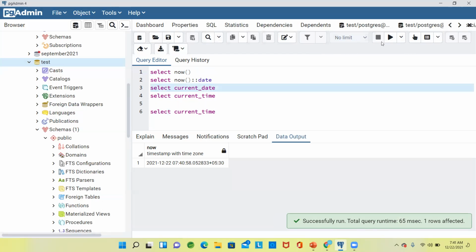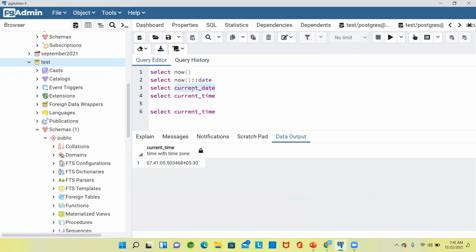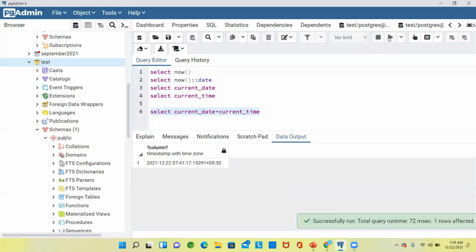Current now, date, time. What did you understand? If I do current date plus current time, it is nothing but now. So now means current date and current time.